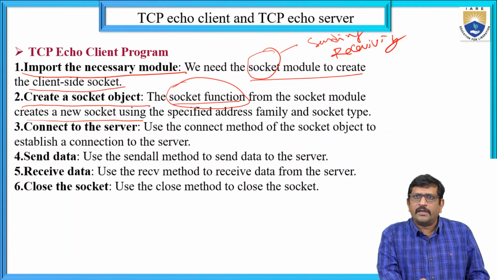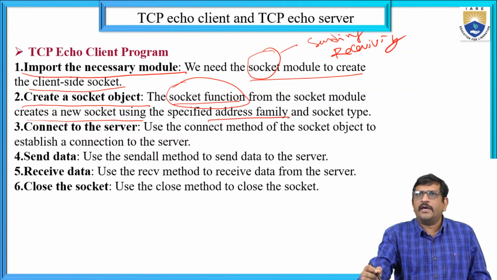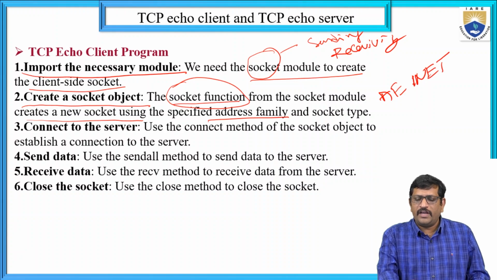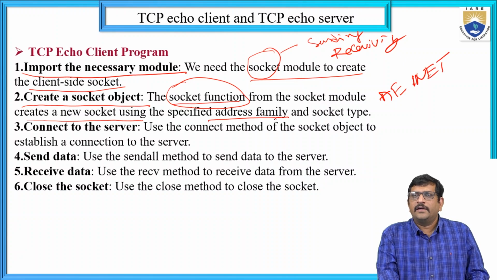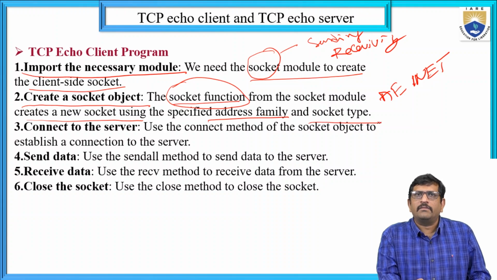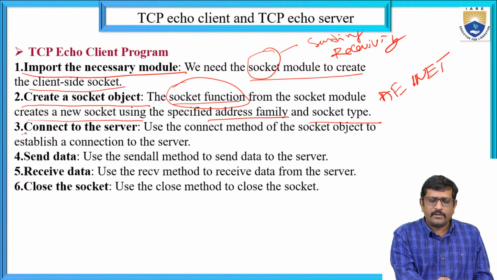It specifies the address family, AF, which here is the AF_INET address family. Now we have to specify the address family and the socket type, and then connect to the server.